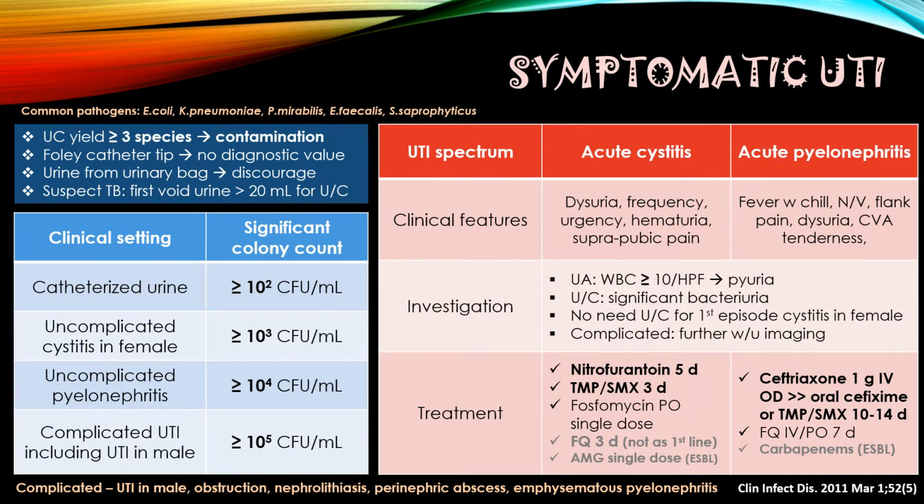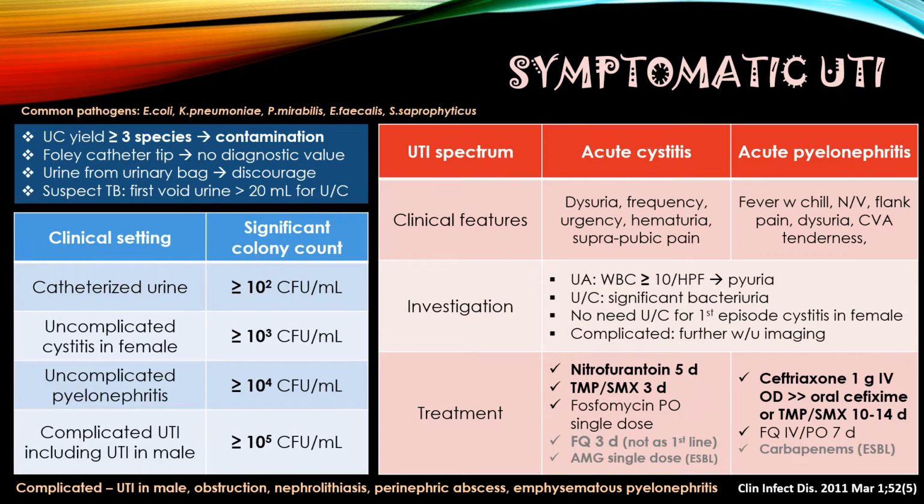The common pathogens we consider for UTI are E. coli, Klebsiella, and Proteus. Proteus and Klebsiella have a unique feature: if you see the urine pH, in general urine pH in patients with UTI is mostly acidic, less than 7.